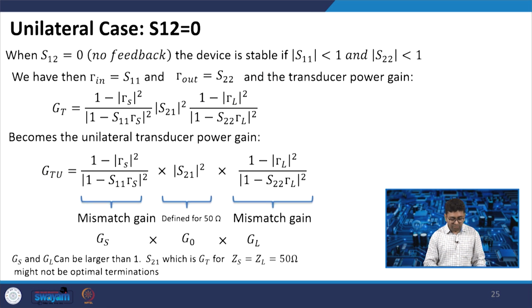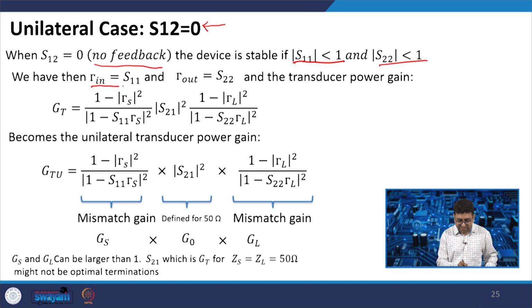So, if you want to go for a maximum gain for the unilateral case, when S12 is equal to 0, there is no feedback, meaning your output and input are not related, the output signal will not flow from output to input. The device is stable if S11 is less than 1 and S22 is less than 1, because then gamma in is directly a function of S11 and gamma out is directly a function of S22.